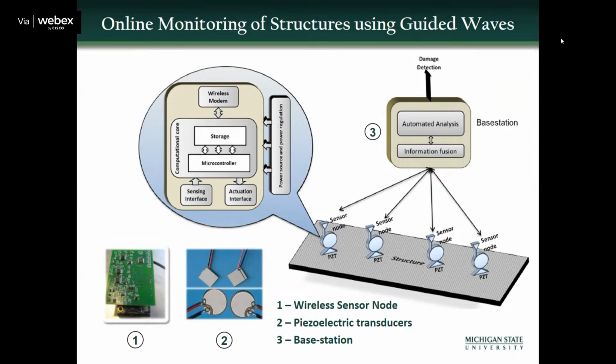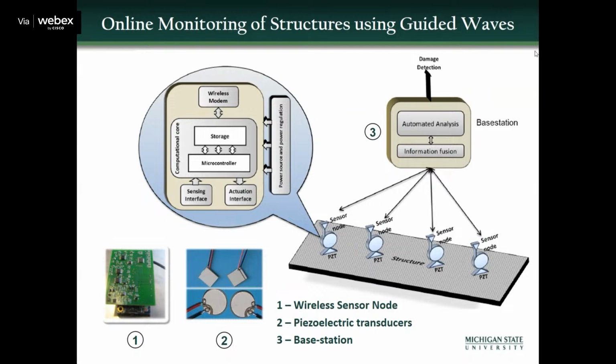Everything is developed using a wireless communication protocol and communicates with the base station for information fusion after data analysis, followed by automated analysis for damage diagnosis. So we covered the basic concepts of data processing, information fusion, and automated analysis for other applications.